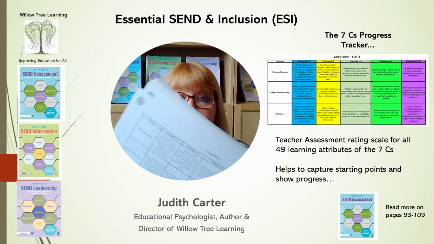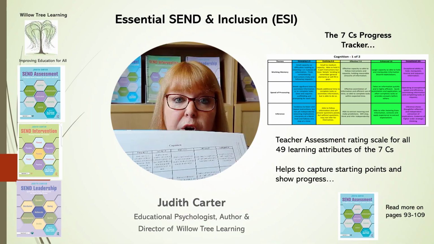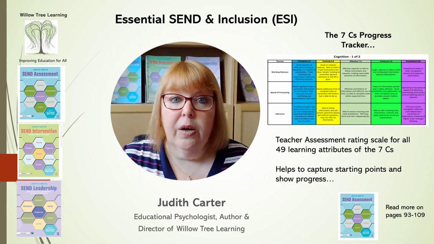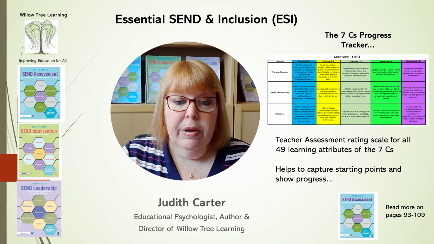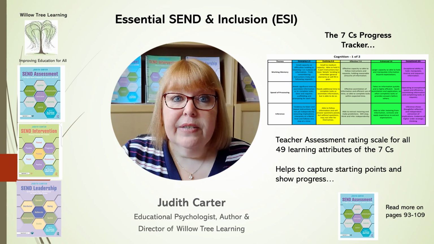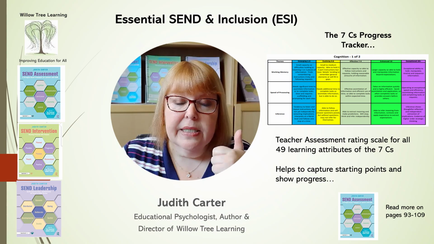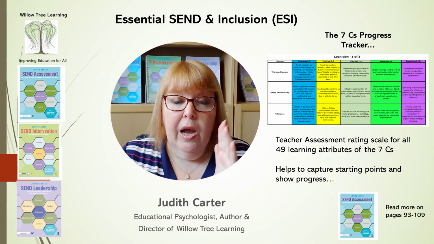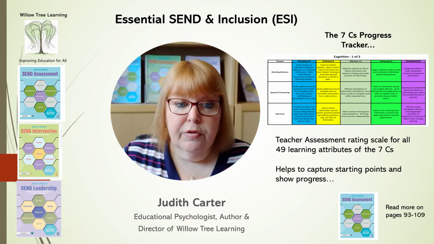It will enable the tracking and capturing of progress as we work and support the learner with that skill. So the progress tracker can be useful to help you capture the starting point and to help review progress.